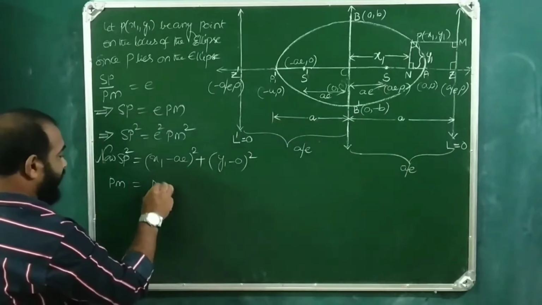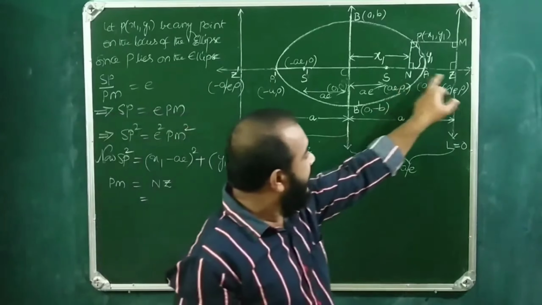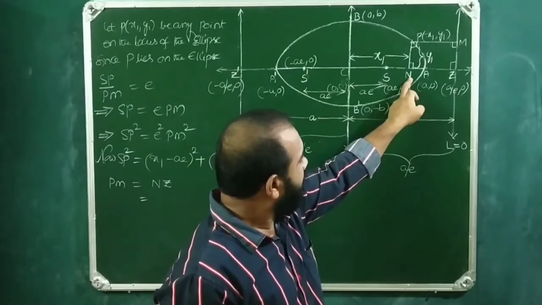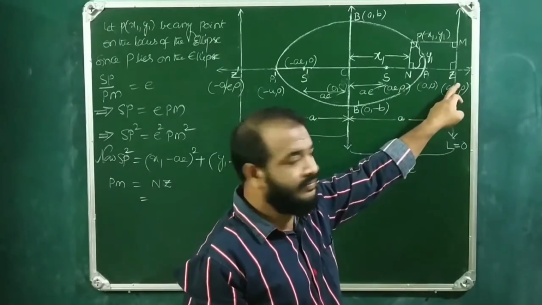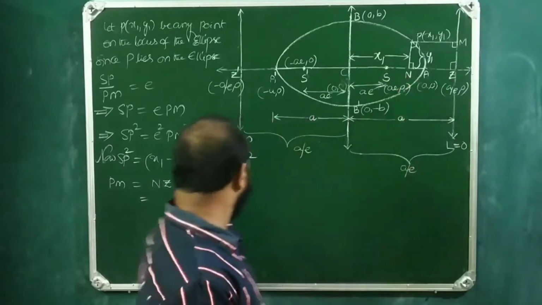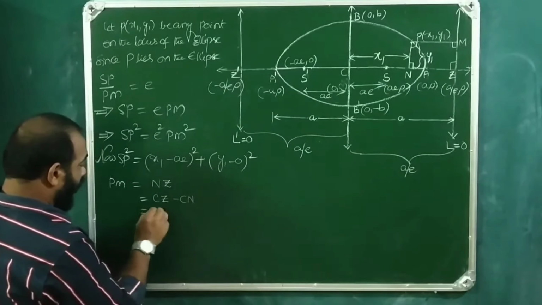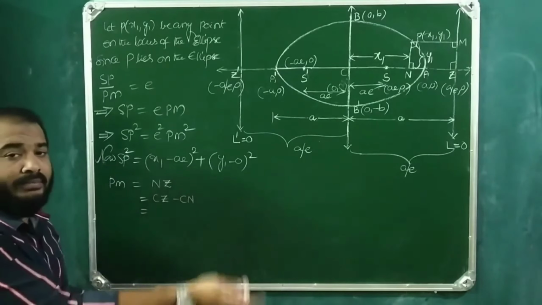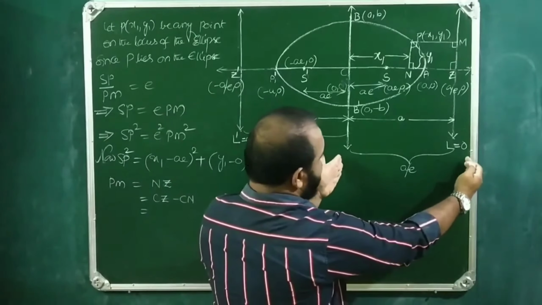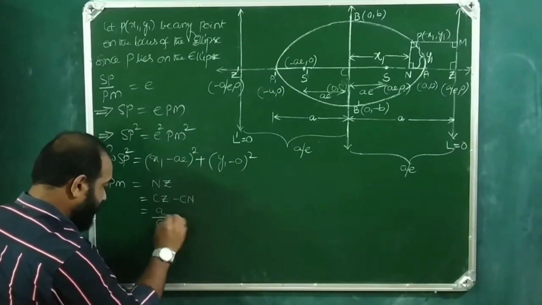So PM can be written as NZ, and this NZ can be written as total subtracting CN from CZ. This NZ is CZ minus CN. What is CZ that we have obtained before? A by E. CZ is A by E minus CN.